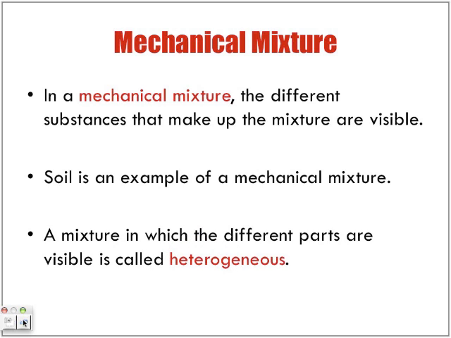They've not dissolved together. Because if we dissolve salt into a beaker of water, we will not be able to see the salt. But if we were to do the same thing, but instead of salt, we put in sand, then we can actually see the sand make its way towards the bottom.